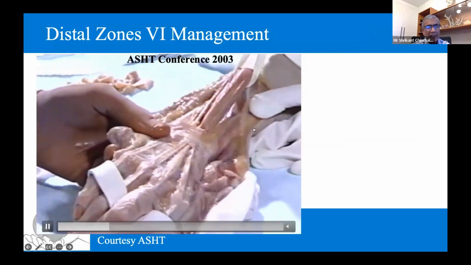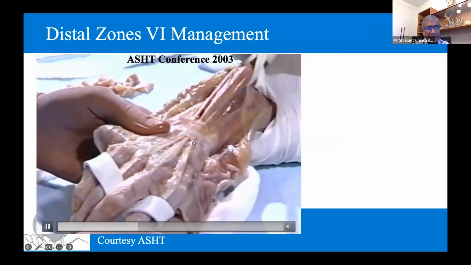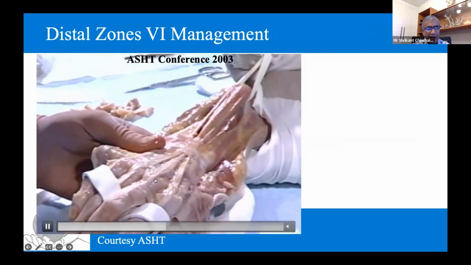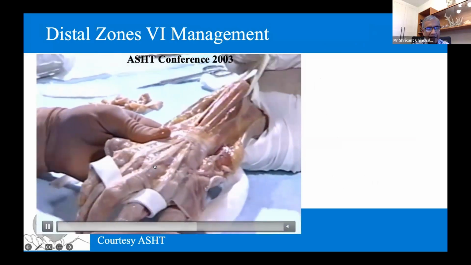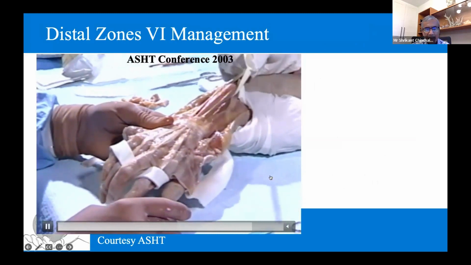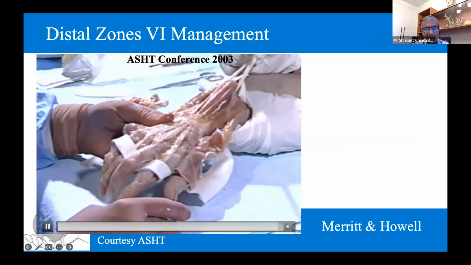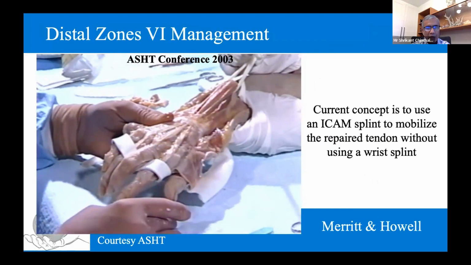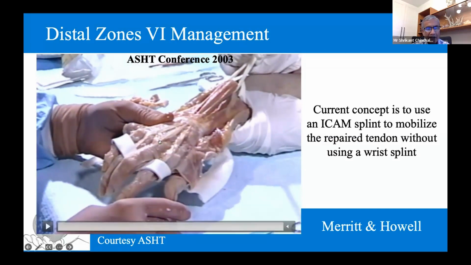So this is Dr. Merritt performing repair of the extensor tendon at the metacarpophalangeal joint, as you see right here. The patient is fitted with ICAM or relative motion splinting in order to mobilize the MCP and IP joints. But the trend now is changing.